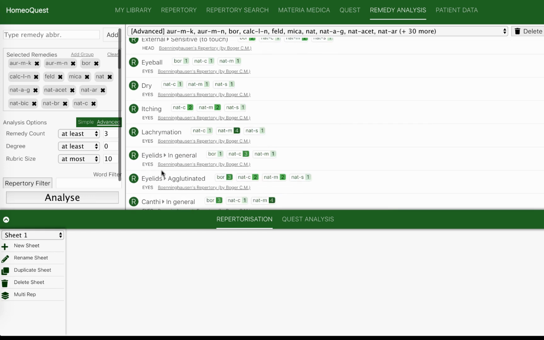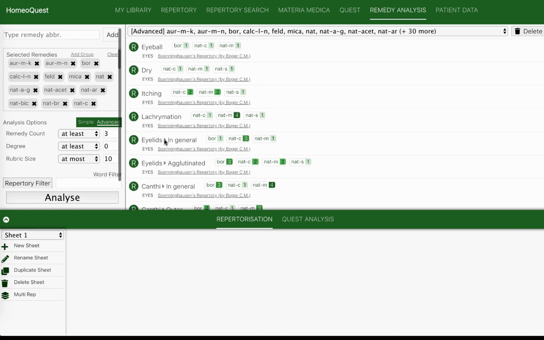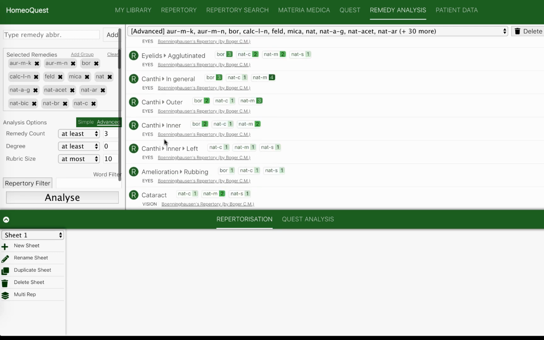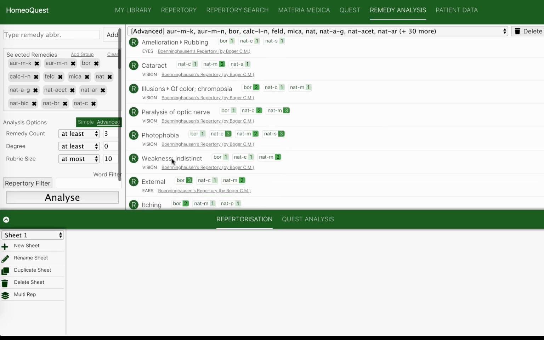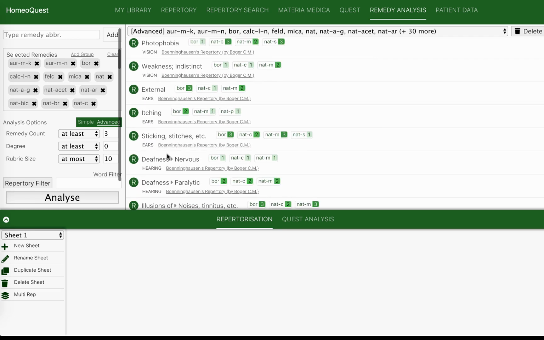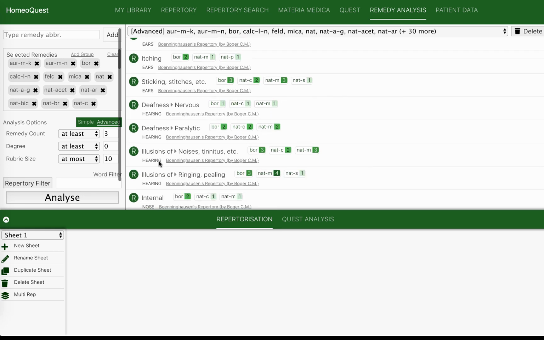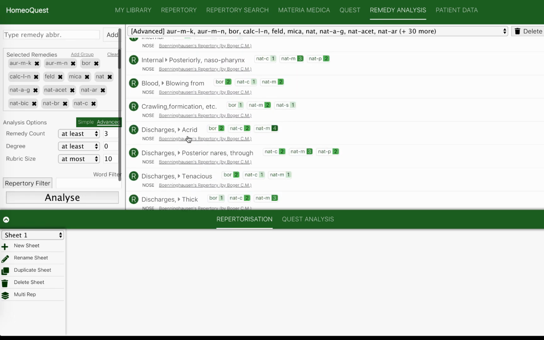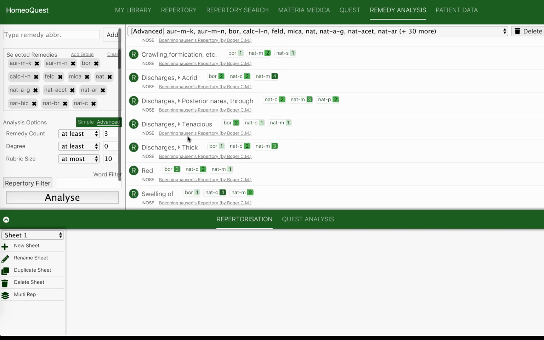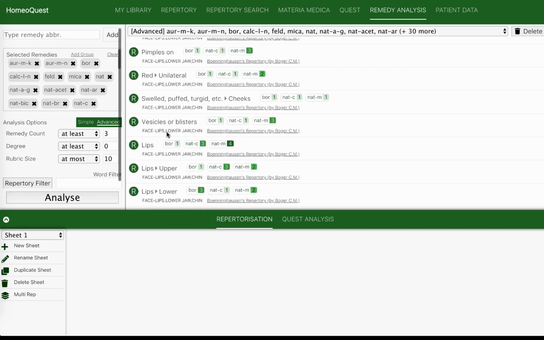So natrum has both the dryness, itching, as well as lacrimation. So say hay fever with depression. What else? Paralysis of the optic nerve, paralytic deafness, acrid discharges, blisters on the chin or the lips or the lower lip, say they have herpes along with depression.